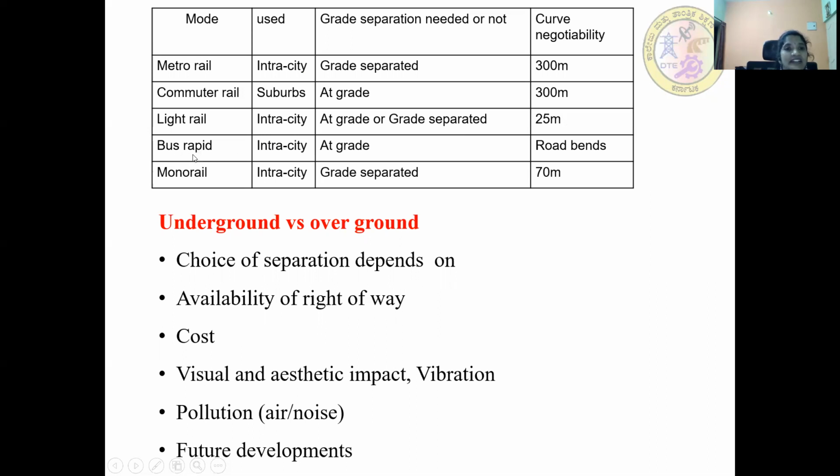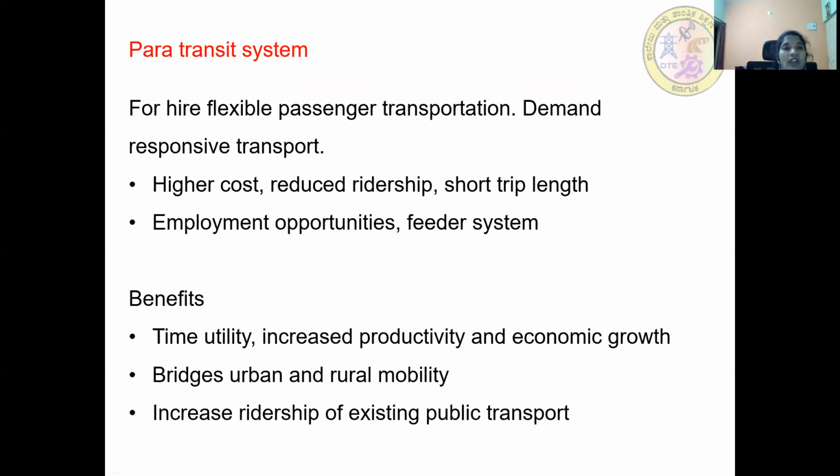Then you have bus rapid transit and monorail. Bus rapid transit is at grade and used in intracity, and monorail is also used in intracity. It has mainly grade separated intersections. Then next, underground versus overground. The choice of separation mainly depends upon availability of right of way, cost, visual and aesthetic impact, vibrations, pollution, and future developments.